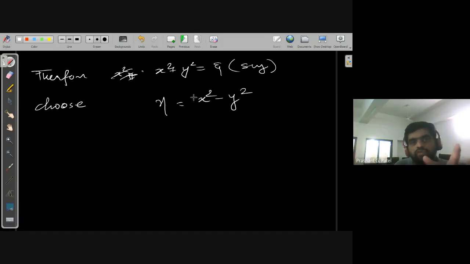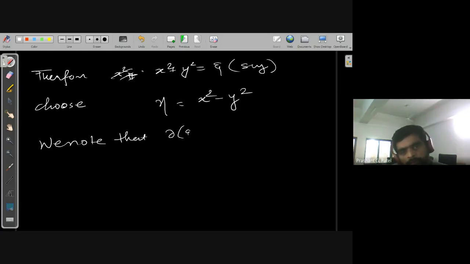How to check that two functions are independent? You have to check whether the Jacobian is non-zero. We note that what will be the Jacobian of xi, eta with respect to x, y? That will be xi x, xi y, eta x, eta y.